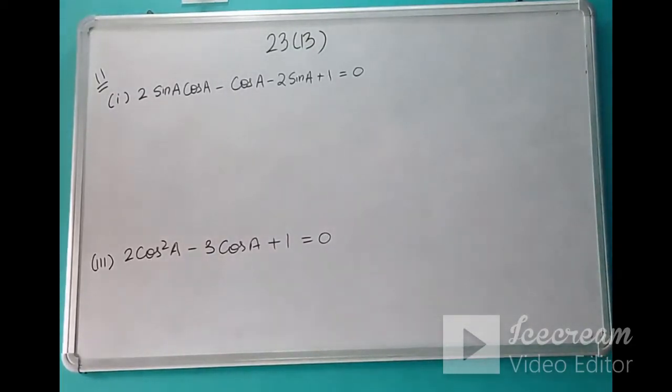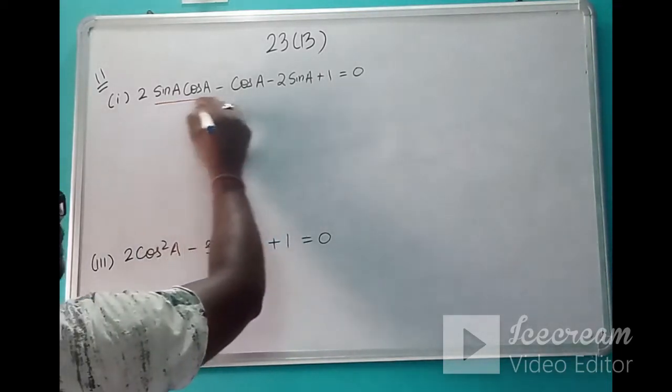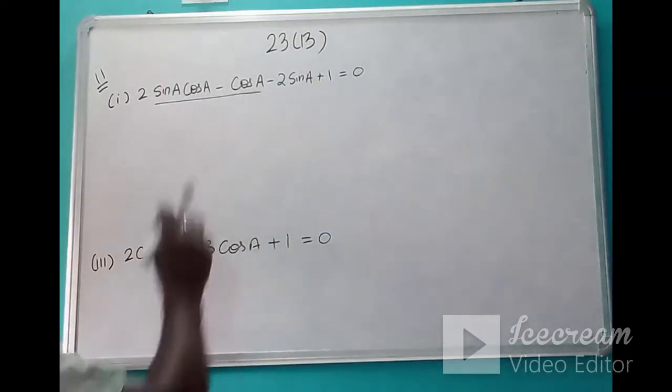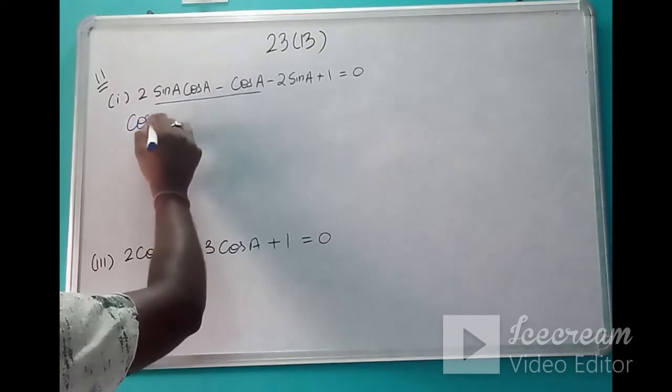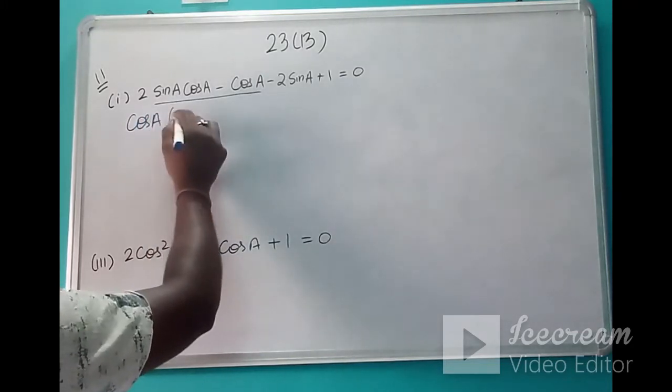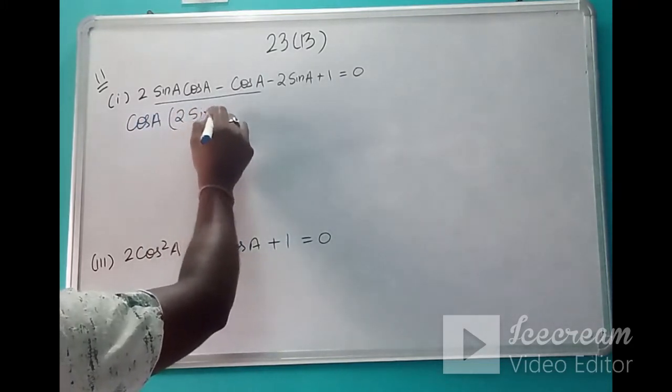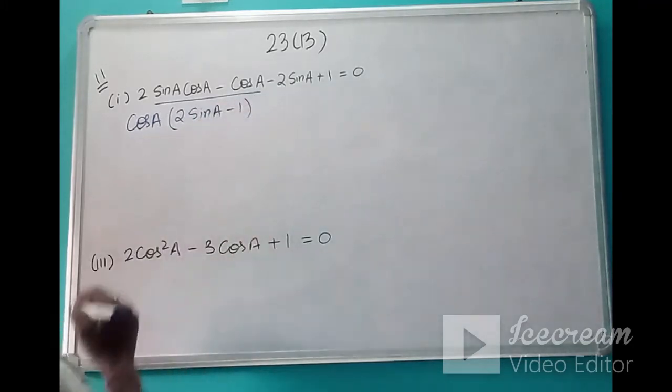Okay, let's discuss the questions like this. Now in this we have to find the value of a. So see, if you take these two as a pair, and in these two cos a is common, so I will take cos a as common. So what you will get in the bracket? 2 sin a minus 1.